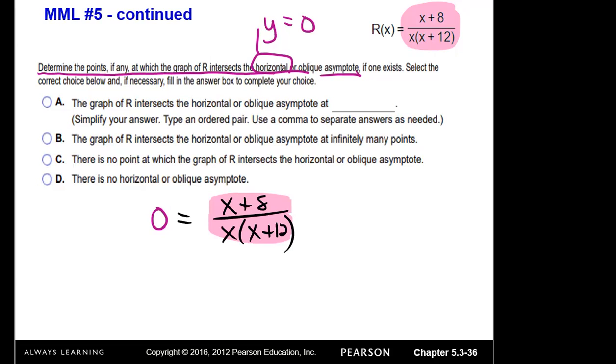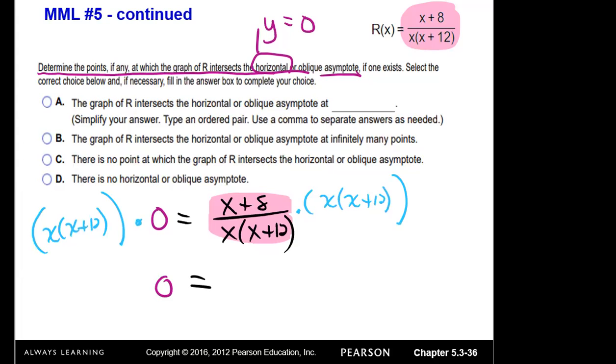And you can use that trick on this again. I need to clear out my fractions, so I'm going to multiply both sides by x times x plus 12. And what you do to one side, you got to do to the other. But the nice thing is on the left, I'm taking all that times a 0. Anything times a 0 is a 0.